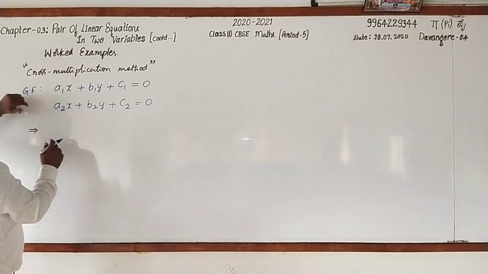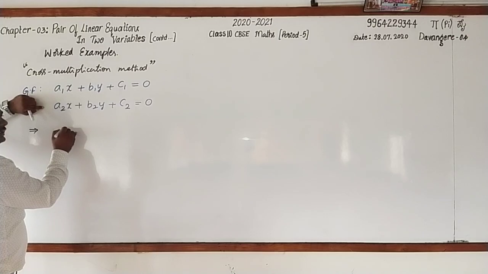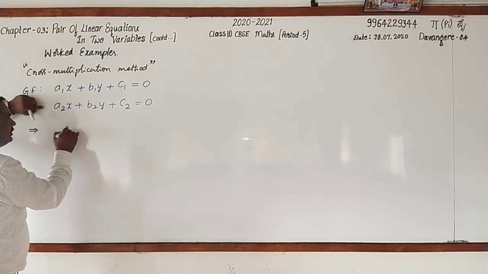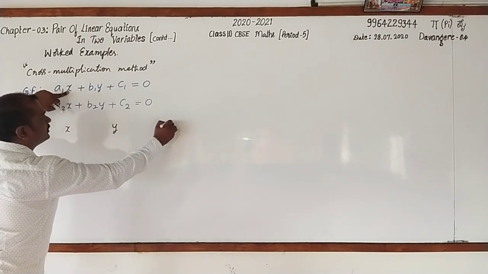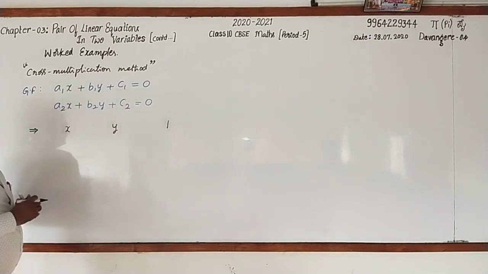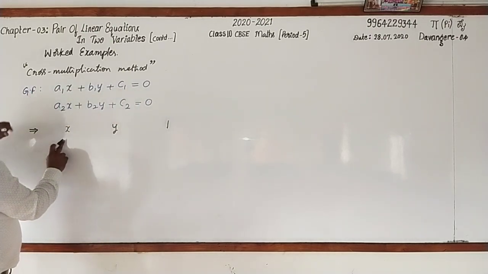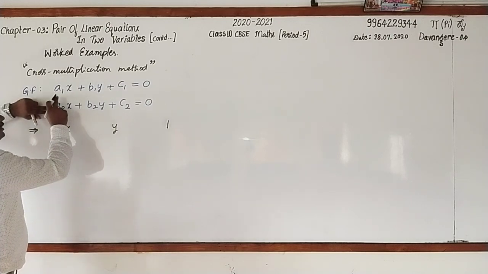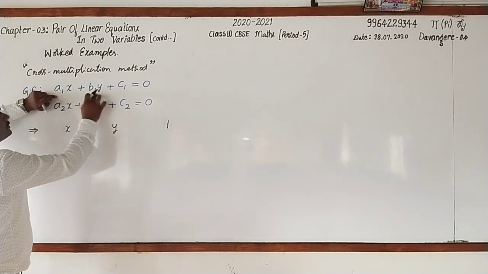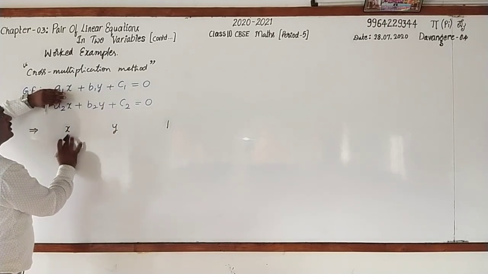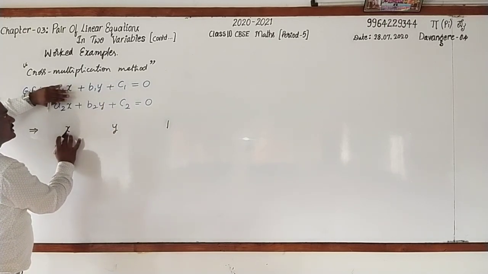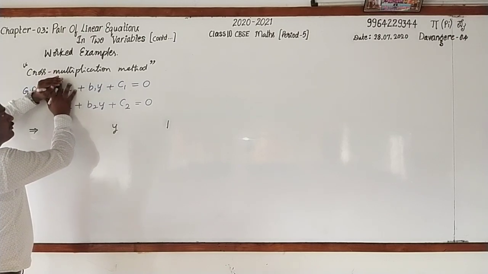According to the NCERT method, we will go for taking in this way. Look here. This is x and y and last one is constant. Got it? Next, here coefficients of x, y and constant are there. To write the coefficient with respect to x, we will go for leaving the coefficients of x.